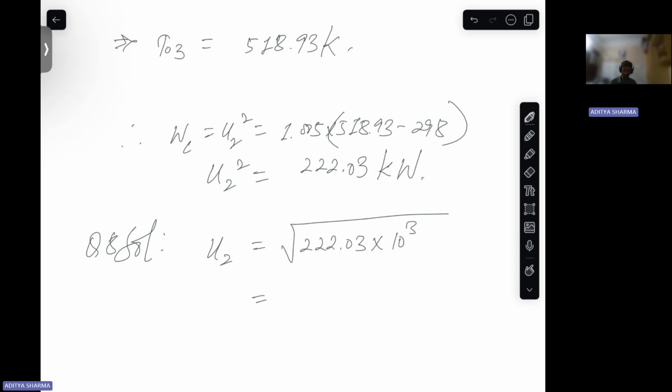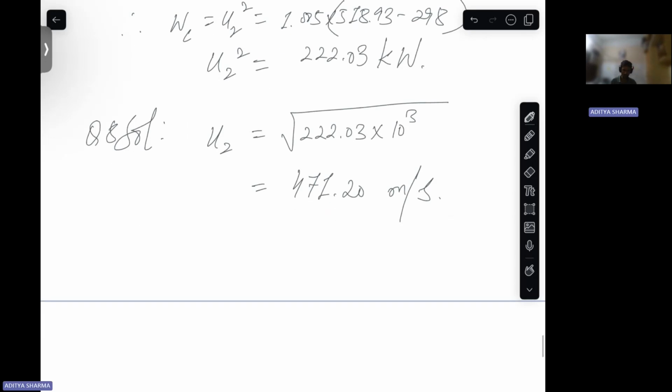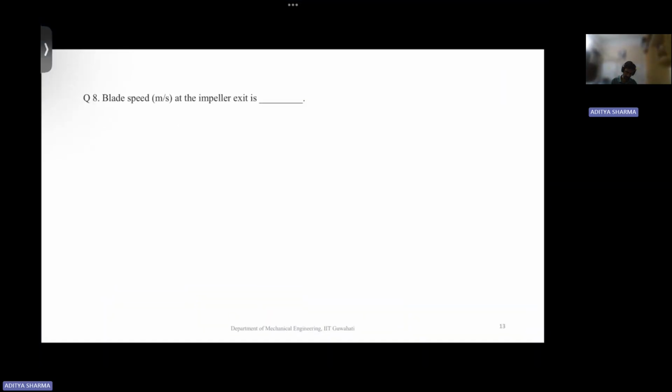Now if you work this out, this will come out to be 471.20 meter per second. Units you can handle, okay. So velocity will come out to be this. Right? So this is your question number 8.